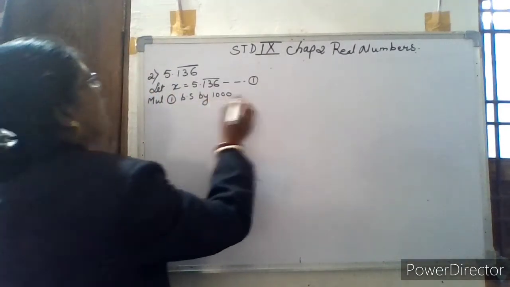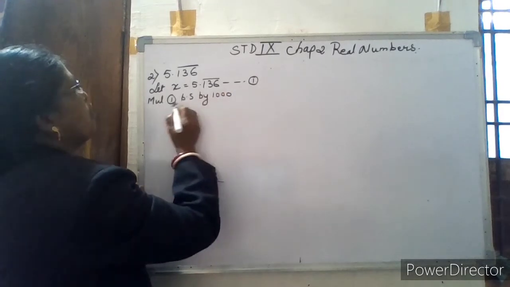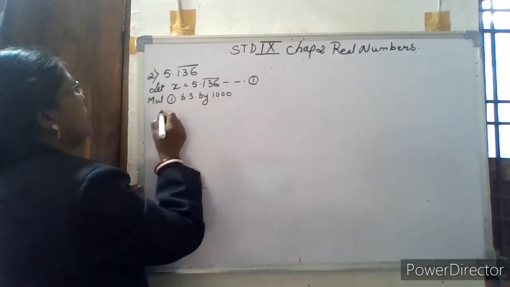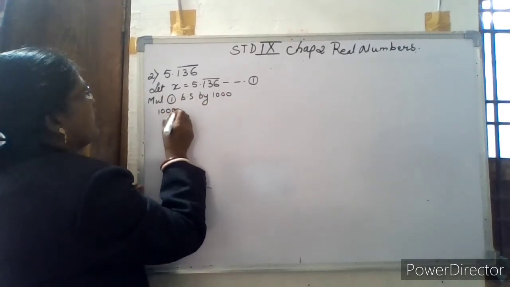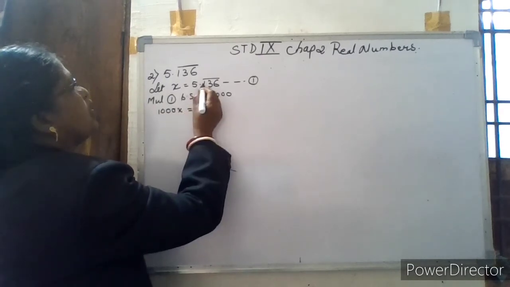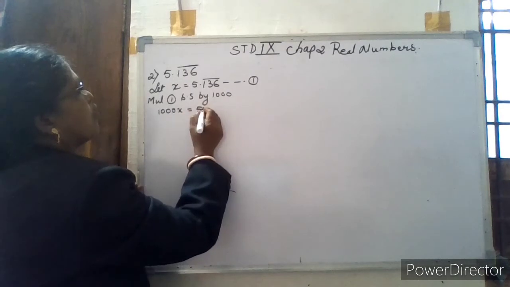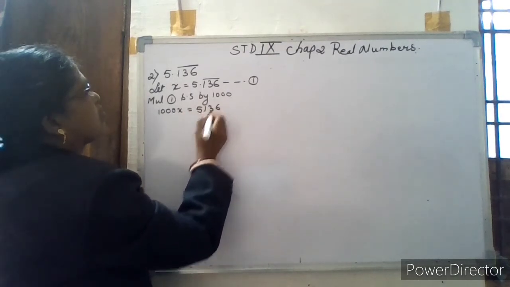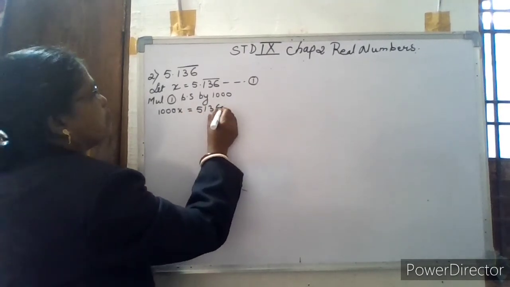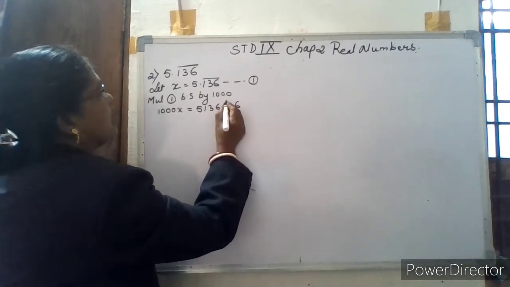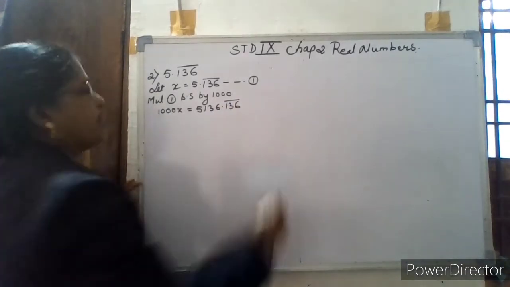So when we multiply equation 1 on both sides by 1000, it will be 1000x is equal to, the point will shift here, 5136.136 recurring. You have to write in this form. This is equation 2.